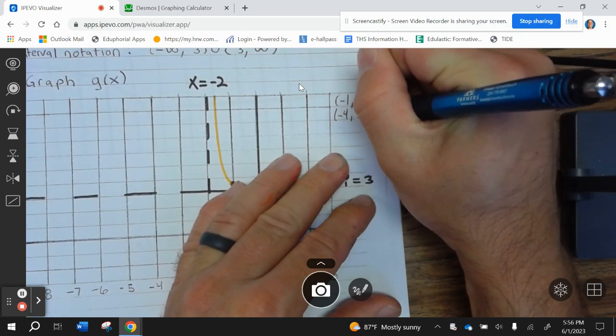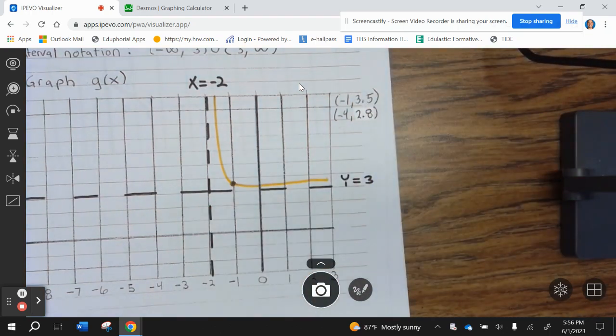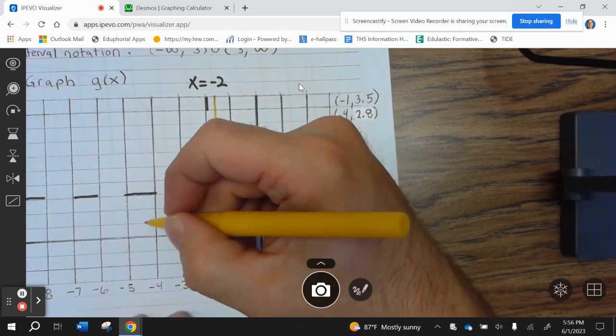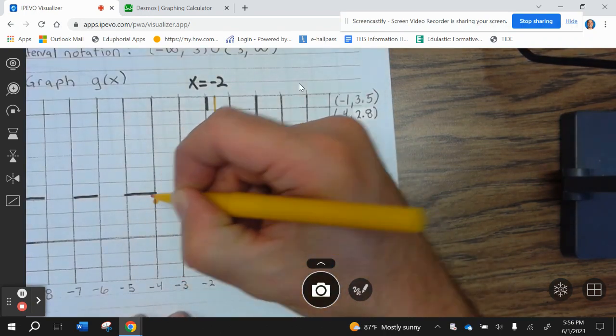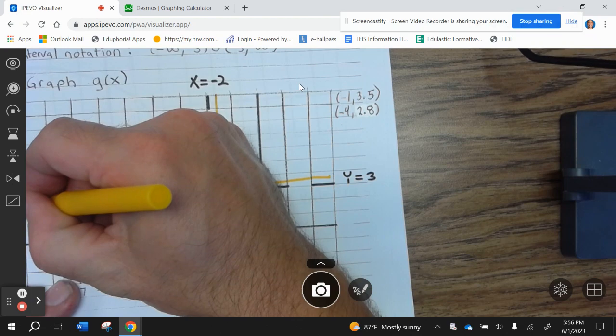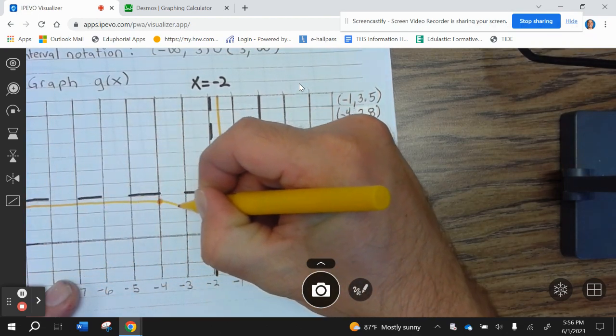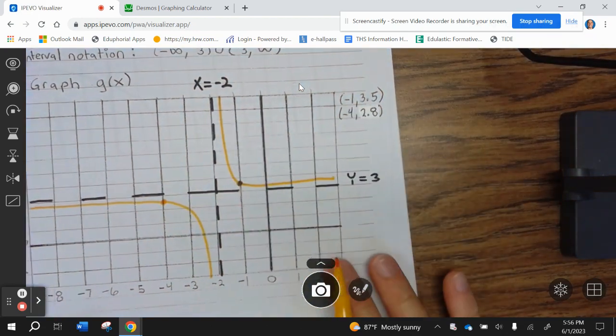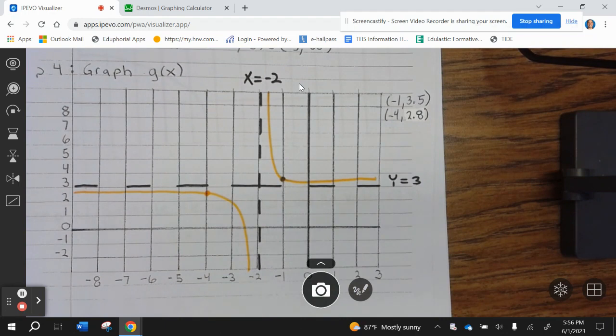Which, let's just round it to 2.8. Okay. So -4, 2.8, which is about right there, which means our curve is right here. Okay, go and finish up graphing that.